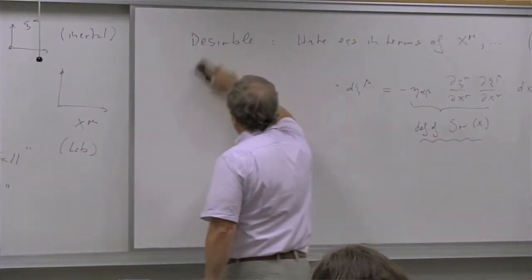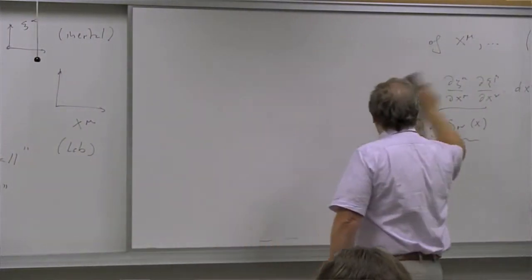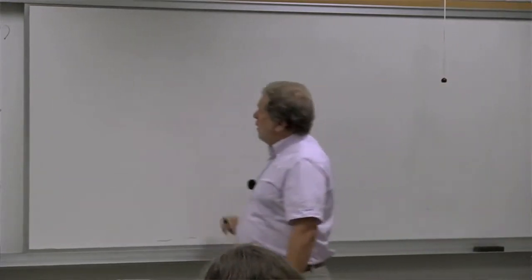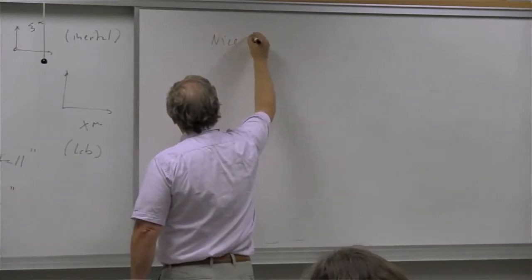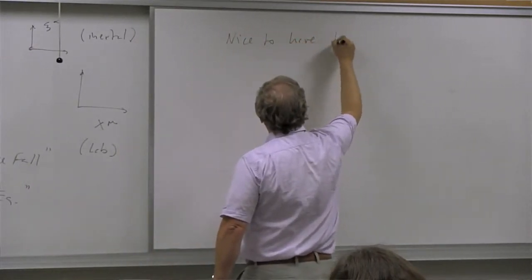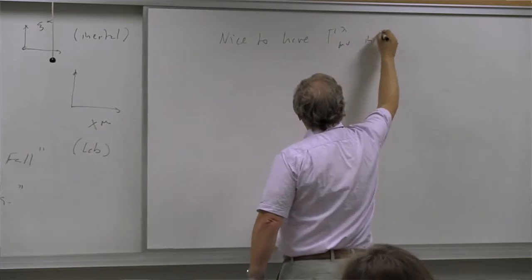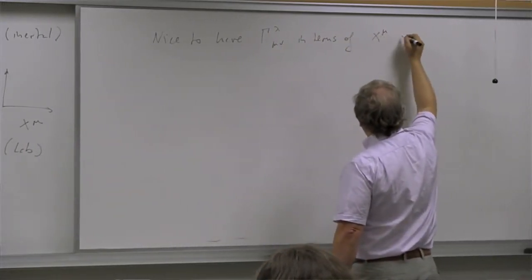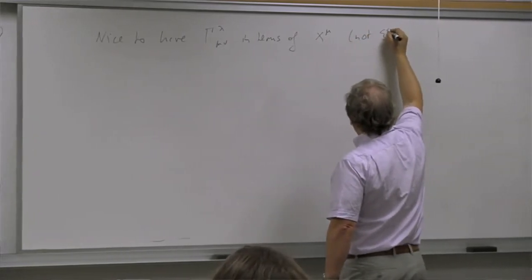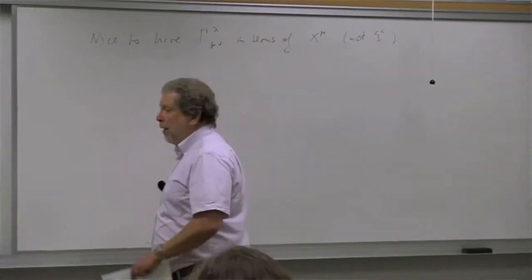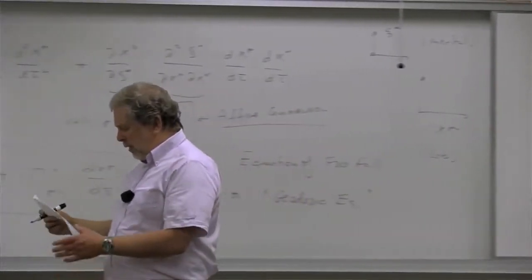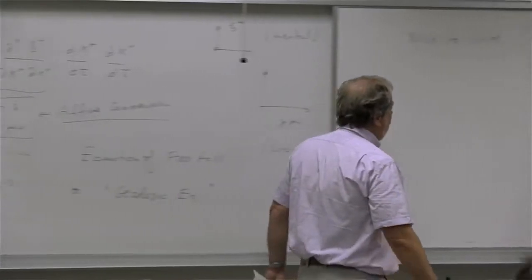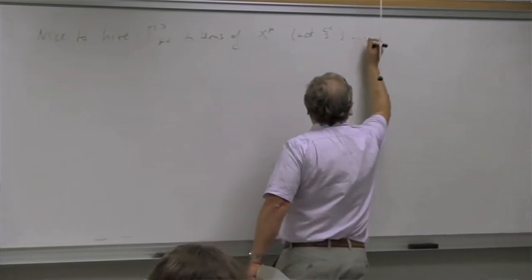And so it would be nice to have this gamma lambda mu nu in terms of, say, the coordinate x mu, and not in terms of these inertial coordinates psi alpha, right? And so such a relationship exists. Such a relationship exists. And how do we obtain a relationship like that?